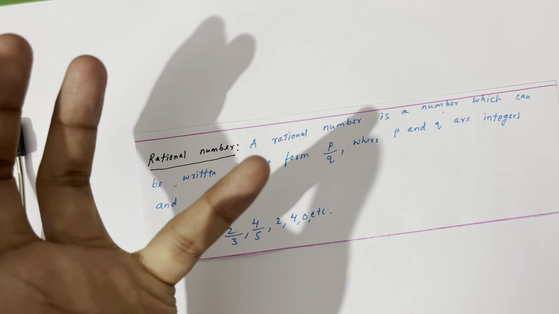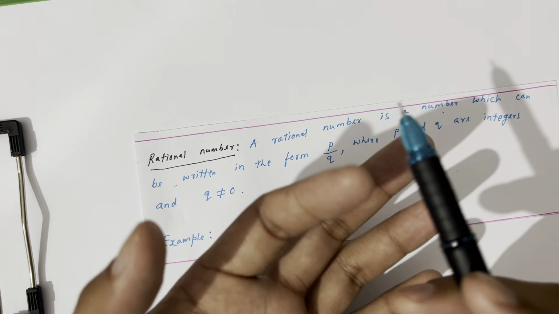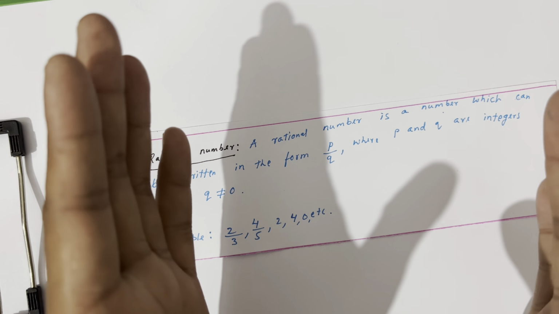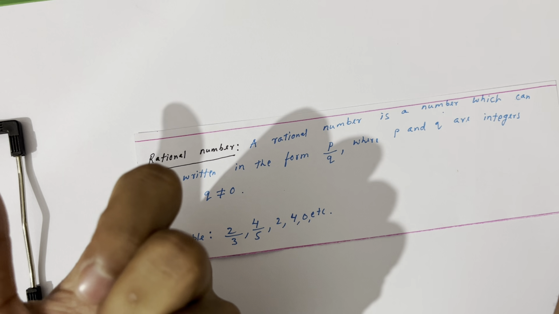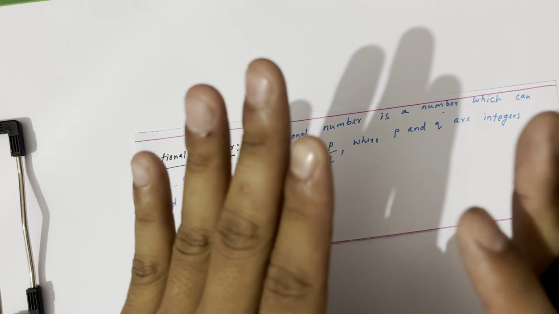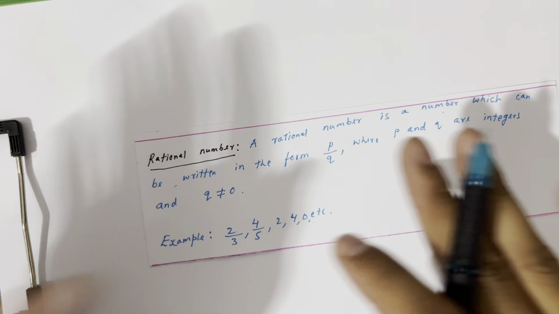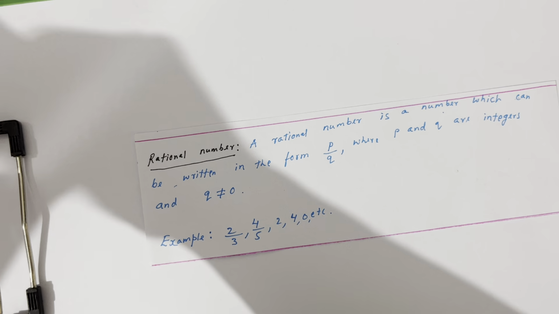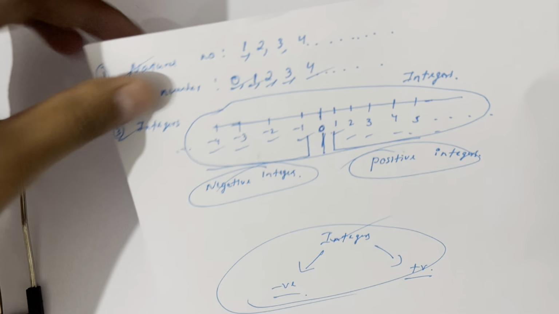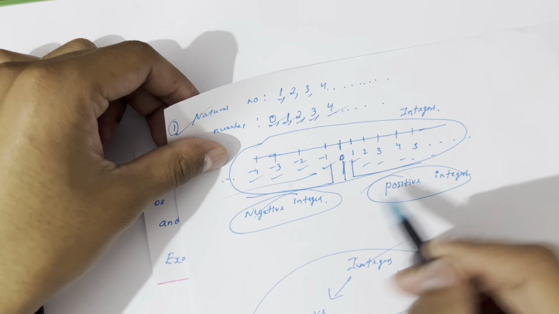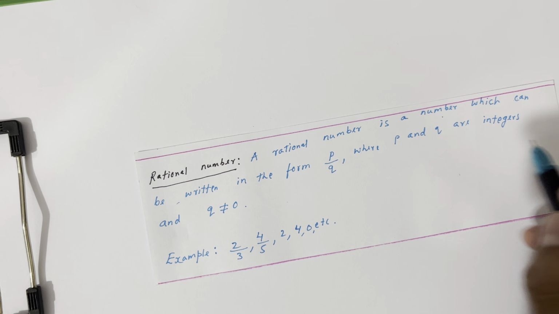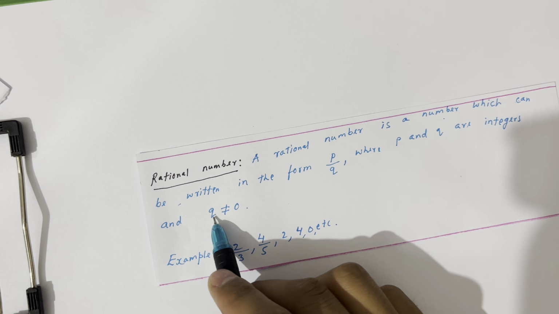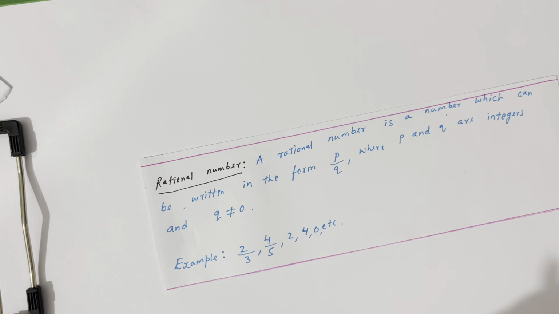You know now what an integer is: -1, -2, -3, -4, -5 and 1, 2, 3, 4, 5; they have negative and positive integers. Here q is not equal to 0.